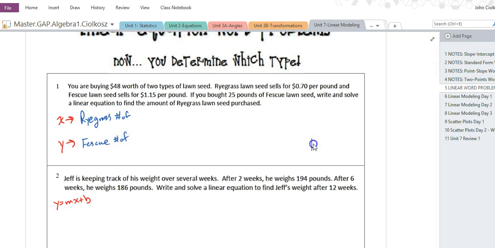So from here, let's go ahead forward and work with our equation. So let's see, okay, so it's 70 cents for each of my x's, and $1.15 for each of my y's, and I spent $48 total. From there, let's go ahead and move on a bit. So now, we know that we got 25 pounds of fescue, so that's my y's. So I can go ahead and plug in. Multiplying that 1.15 times 25.